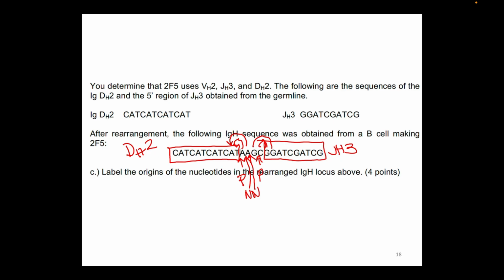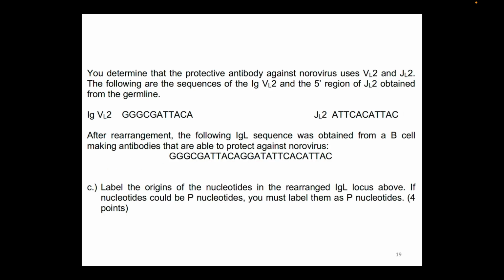And so the way I would want you to answer this question is to indicate which sequence was DH2, which sequence was JH3, and then for the other base pairs, I would want you to label them as P or N. And you can see a similar question here. At this point, I got a little smarter with writing the question and say, if the nucleotides could be P nucleotides, you must label them as P nucleotides, thanks to a clever student argument in a past year.